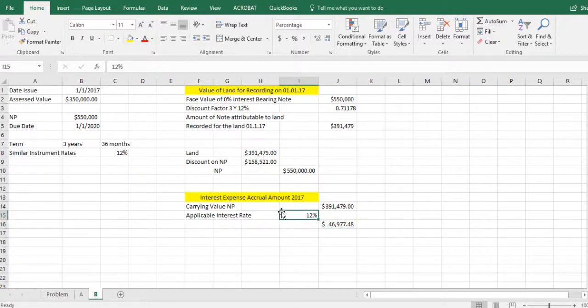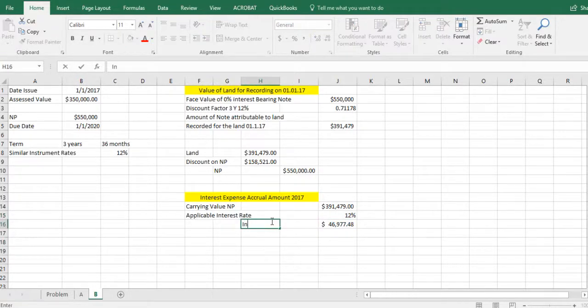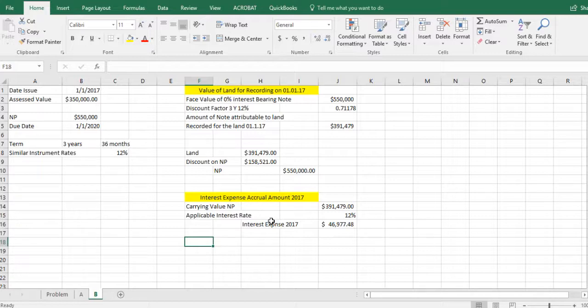So just to make things a little clearer, this is interest expense 2017. So just to go ahead and continue, we'll show you what that journal entry would be.